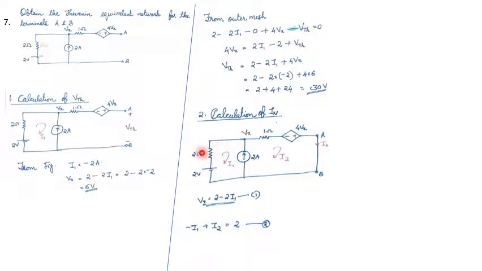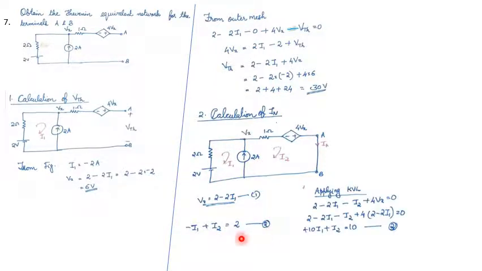Voltage drop across the resistor is 2 into I1. So 2 minus 2 I1 is equal to Vx. We got the equations 1 and 2. Then applying KVL to this loop, we can write the equation as 2 minus 2 I1 minus I2 plus 4 Vx is equal to 0. From that, we can write 10 I1 plus I2 is equal to 10.